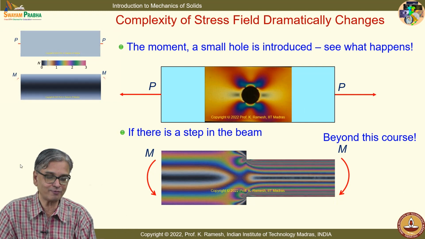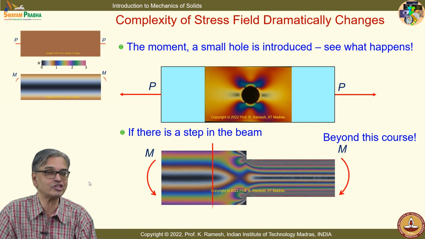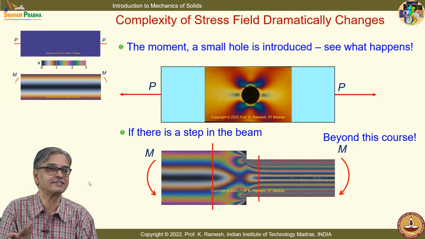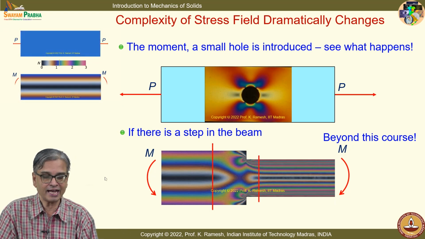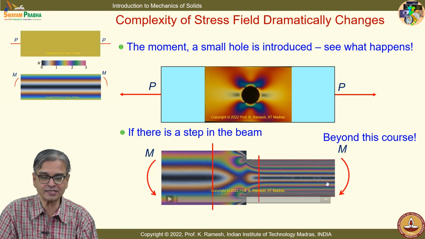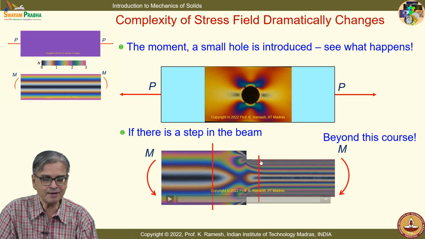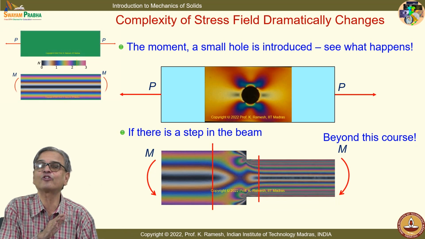And you can also make one more interesting observation. In the case of bending, we have seen parallel lines essentially. And I have a line drawn here. In this zone, this is still parallel. In this zone it is still parallel. Some disturbance happens in the vicinity of a step.